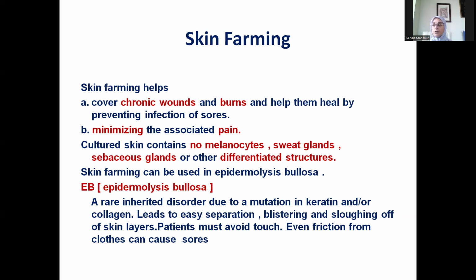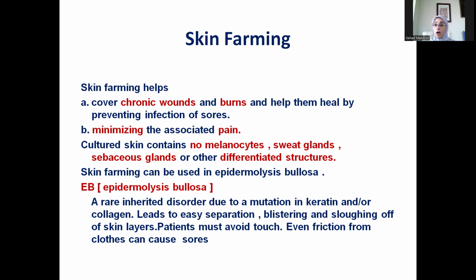In epidermolysis bullosa, this is a genetic disorder. We have a recessive gene that is mutant. It is a mutant recessive gene that results in an abnormality in the proteins of the skin, namely keratin and collagen. The abnormality in keratin means the skin is less tough, less resistant and less waterproof, so it absorbs water easily.